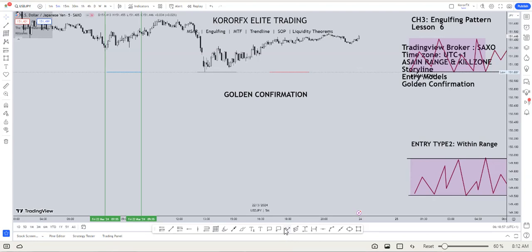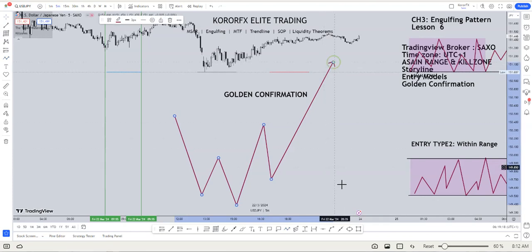When it comes to ICT or SMC concepts, they always use check entry models or confirmations, like let us wait for the price to sweep a low and then form a change of character, then pull back, then entry. That's what they wait for, the sweep of liquidity.